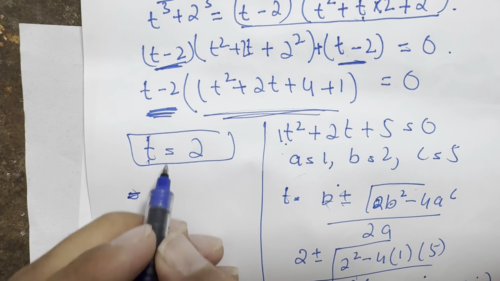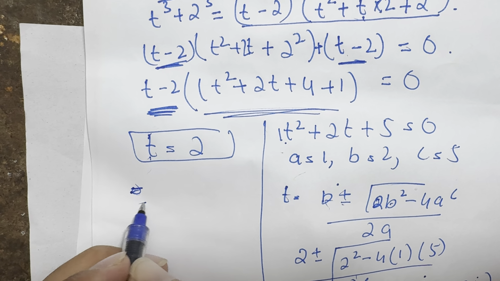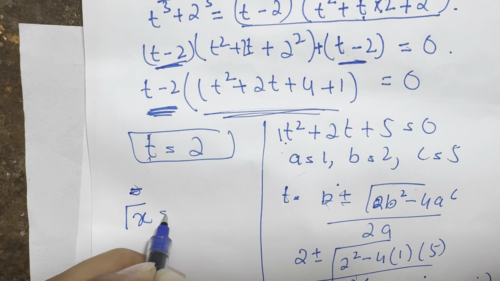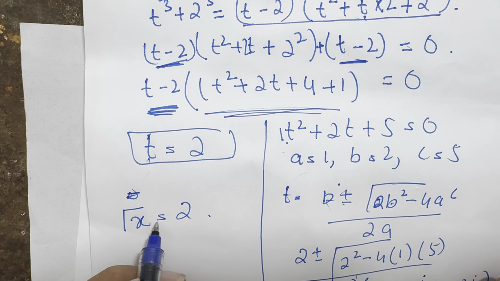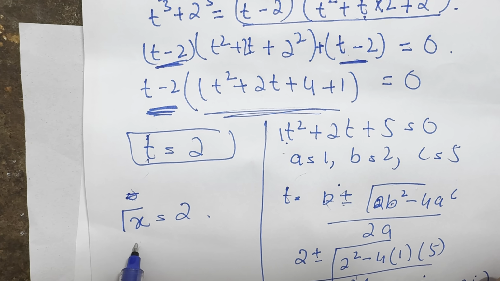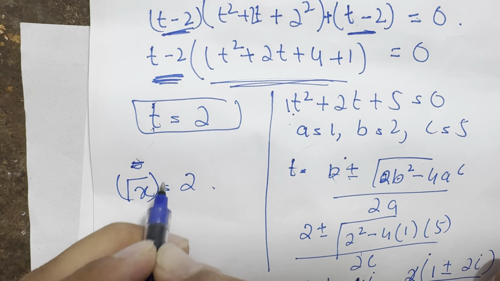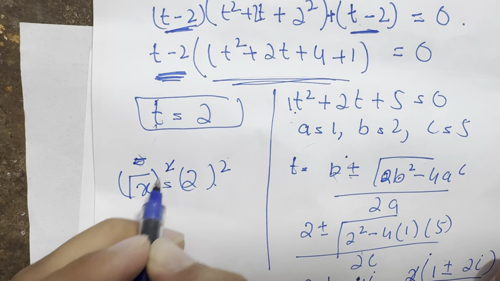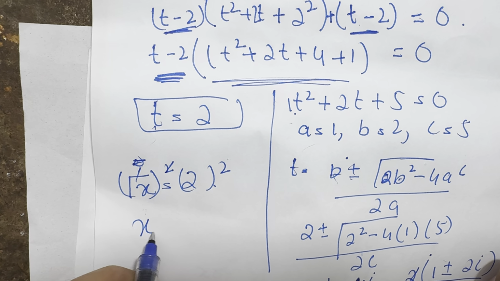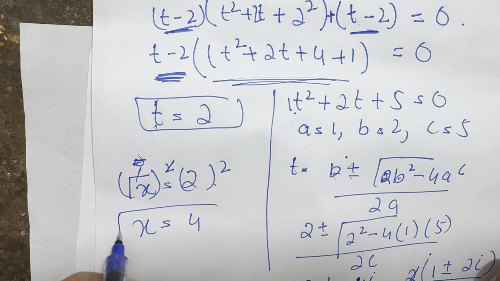At the place of t I write here under root x, equal to 2. So if I square both sides, this will cancel with this, so x will become equal to 4.